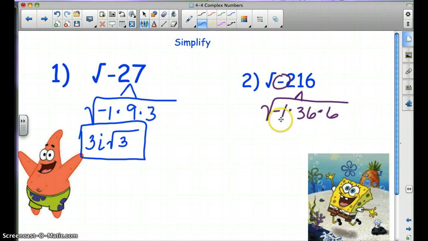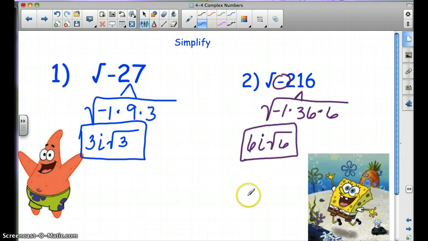So the square root of a negative 1 is i. Square root of 36, that's perfect, so we can bring that out front. And then we have the square root of 6. And that is simplified. You always want non-perfects inside your square roots.